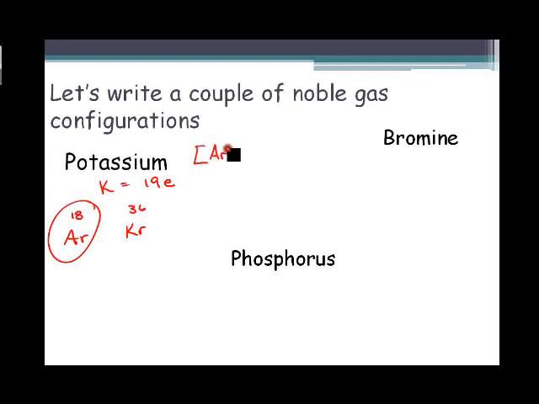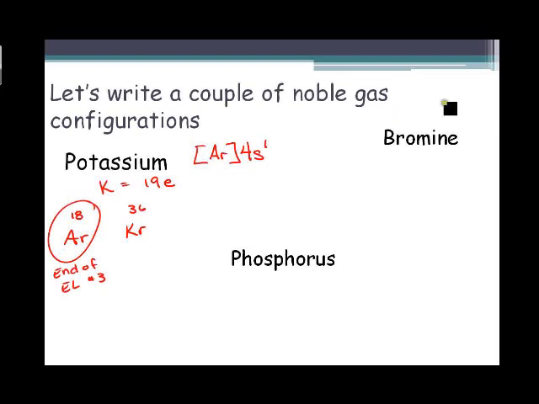So we would put argon in the brackets. Argon is at the end of energy level 3. So we would begin our configuration at 4s. We only need to place one more electron, so Ar 4s1. This is the noble gas configuration for potassium.